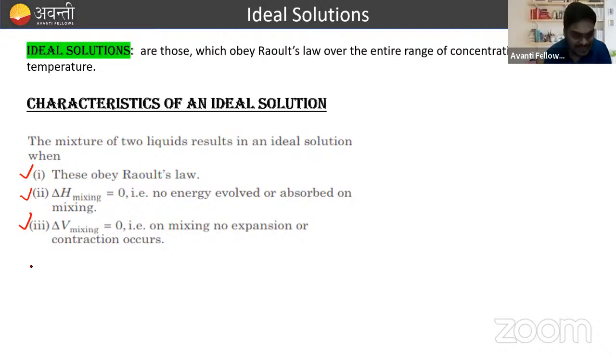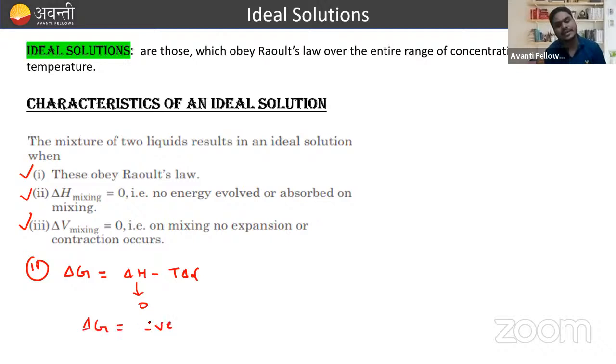Can anyone explain what is the effect on delta G, that is Gibbs free energy? We know that delta G is equal to delta H minus T delta S, right? So if delta H is equal to 0, delta G comes out to be negative.